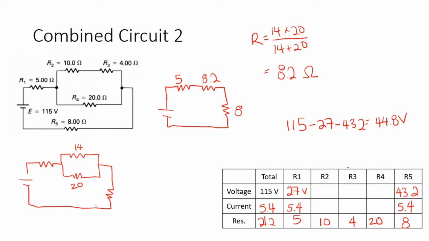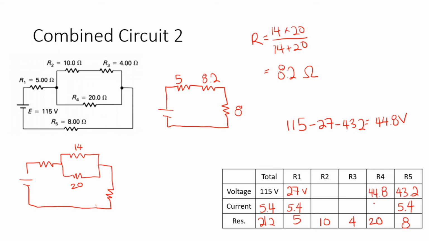Okay, so when I look at this picture, I'm going to send 44.8 across here, and I'm going to send 44.8 across the 20 ohm. The problem is this 14 is equivalent. It's a 10 and a 4. So some of it's going to drop at the 10, some of it's going to drop at the 4. So I'm going to ignore that branch for now, but there's only one resistor in the bottom. So I know that R4 is going to drop all 44.8.